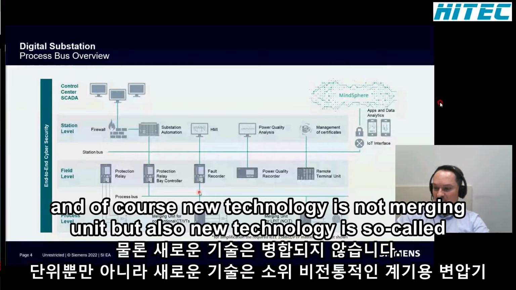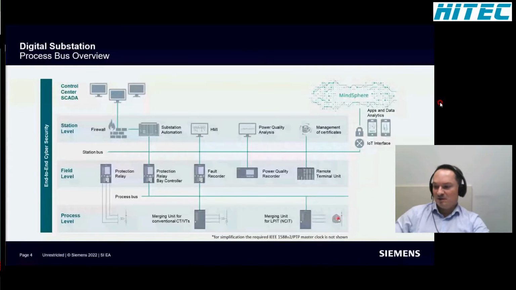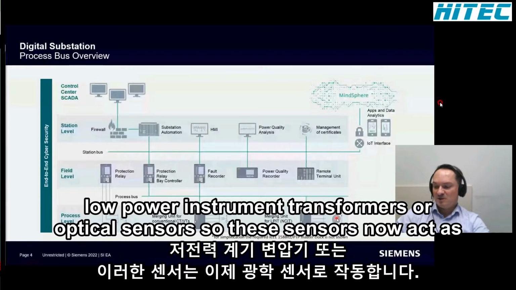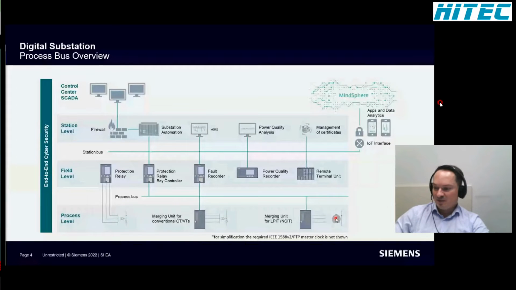And of course, new technology is not only merging unit, but also so-called non-conventional instrument transformers or sensors. They can be a different type of sensors, low power instrument transformers or optical sensors. So these sensors now act as current and voltage transformers previously.